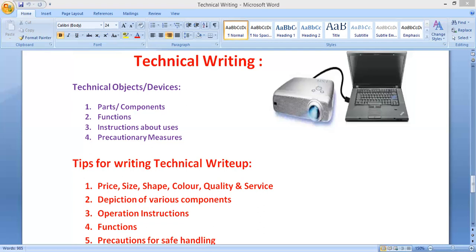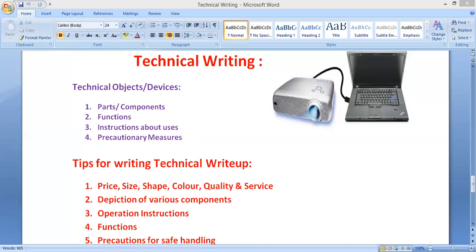First of all, one should know what the components or parts are in that particular device. For example, if you are going to write something about the computer, one must know what parts and components are in a computer, like a keyboard, mouse, CPU, motherboard, right?